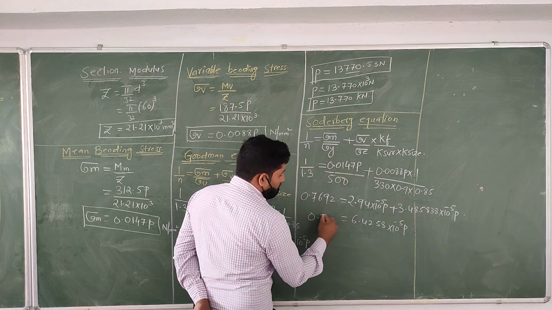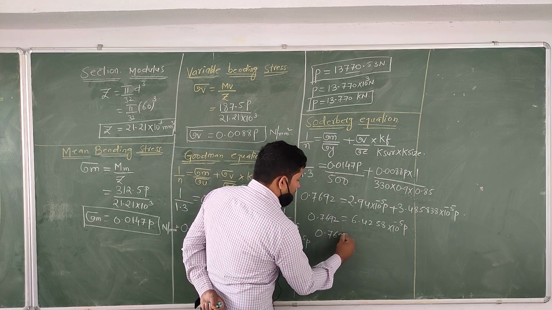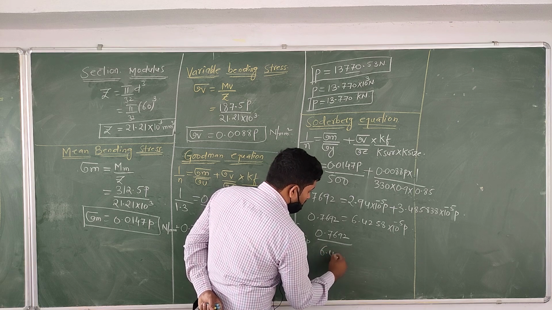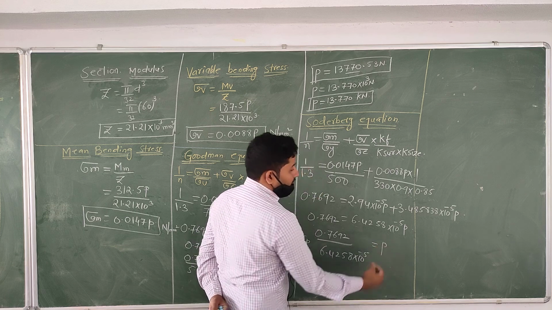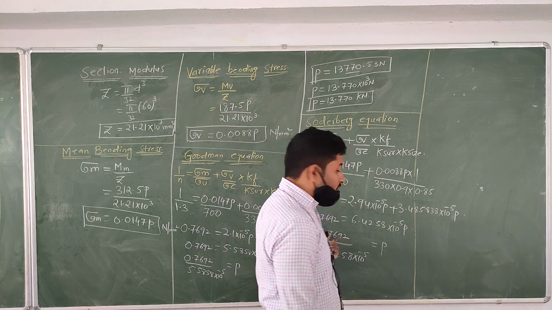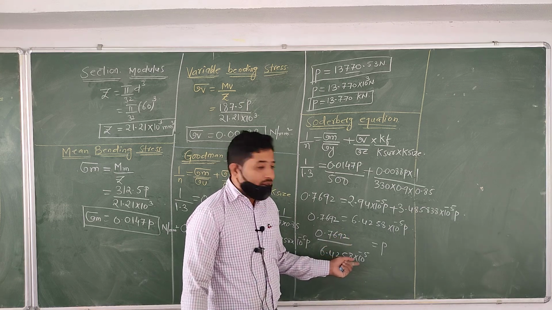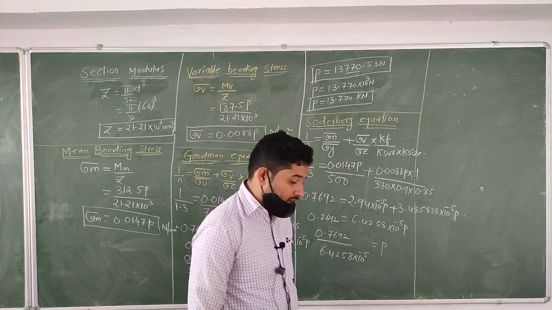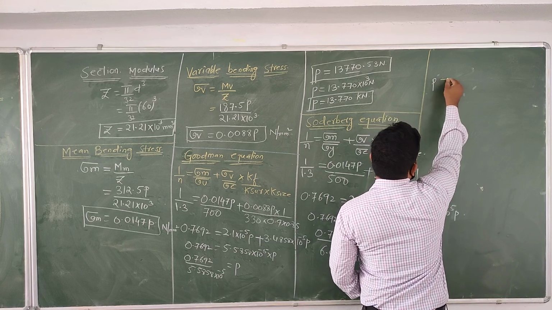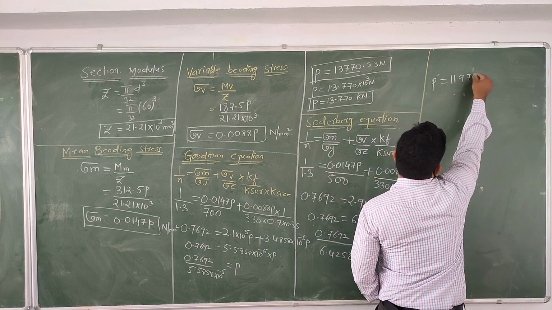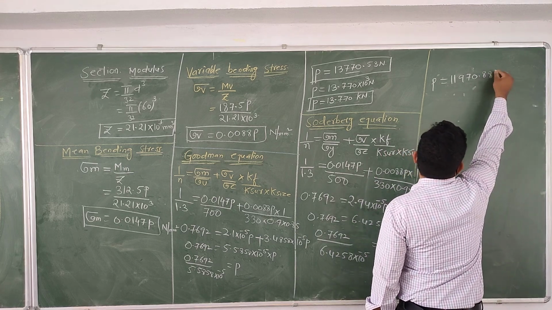So that is the value of 0.7692. If you divide this value 0.7692 by 6.4258 into 10 power of minus 5 equal to P. So if you divide the value of 0.7692 by 6.4258 into 10 power of minus 5 with the help of calci, then you will get the value of P equal to 11970.88 Newton.